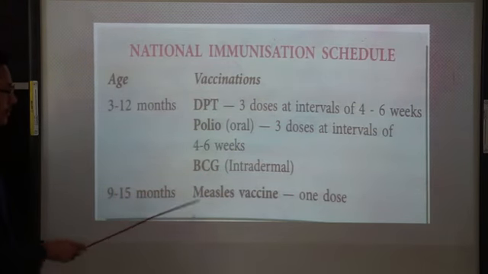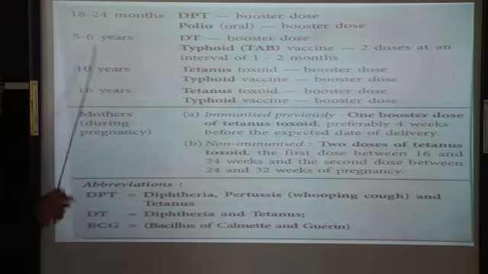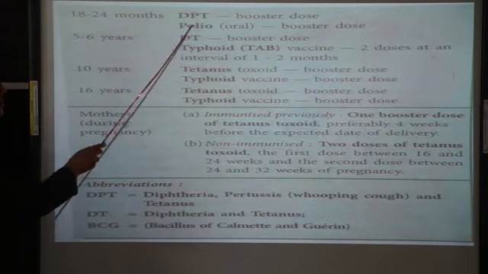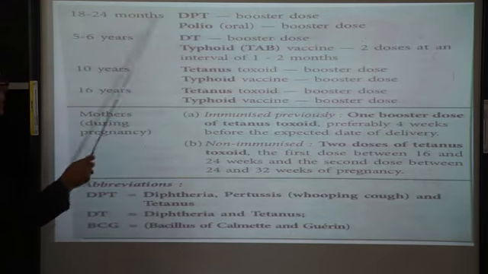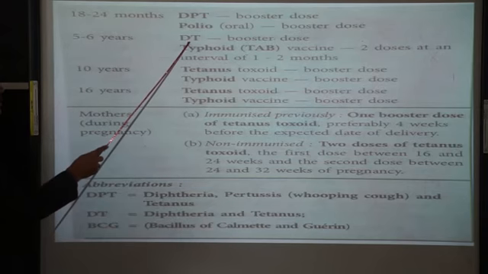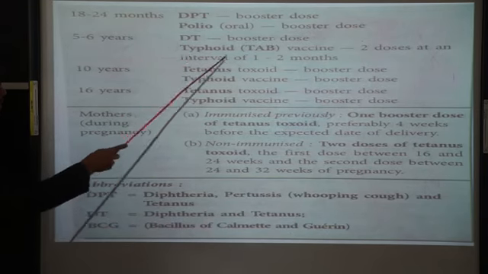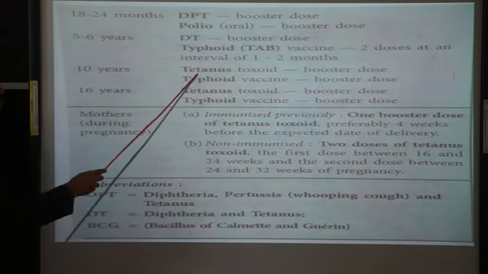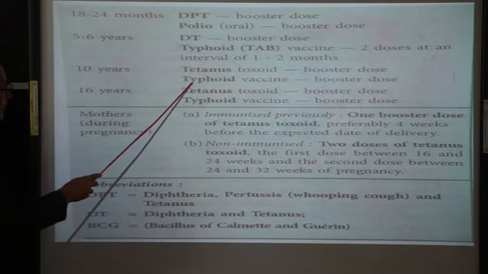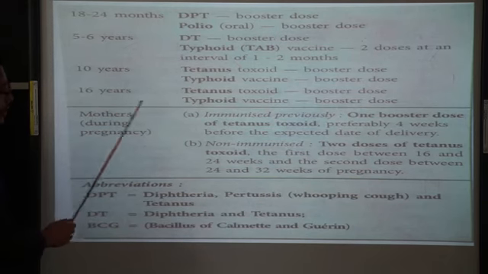At 9 to 15 months, measles vaccine will be given, 1 dose. At 18 to 24 months, DPT will be given, polio will be given. At 5 to 6 years, DT vaccine and typhoid vaccine will be given. At 10 years, tetanus and typhoid vaccines will be given. At 16 years, tetanus toxoid and typhoid vaccines will be given.